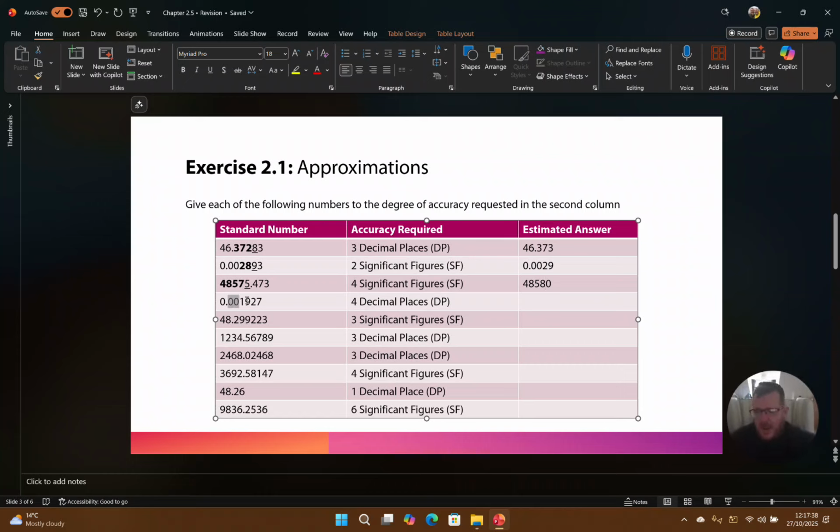And 4 decimal places is the next one for this.